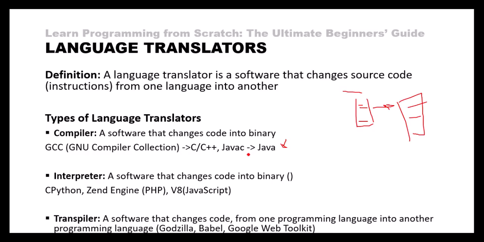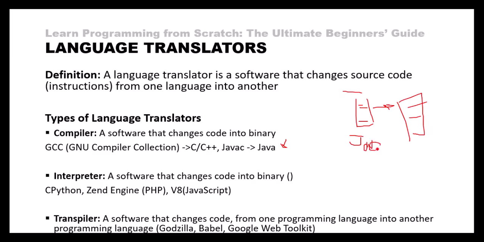After you understand a compiler and an interpreter, you also have to understand a transpiler. A transpiler is simply a software that changes code from one programming language into another programming language. Let's say you write your program in Java.